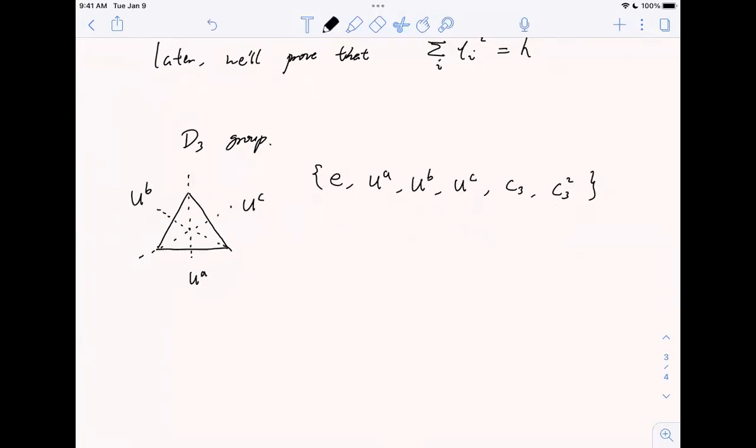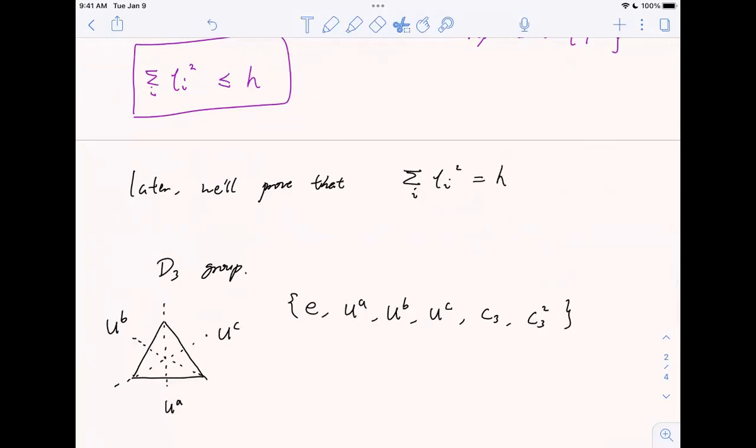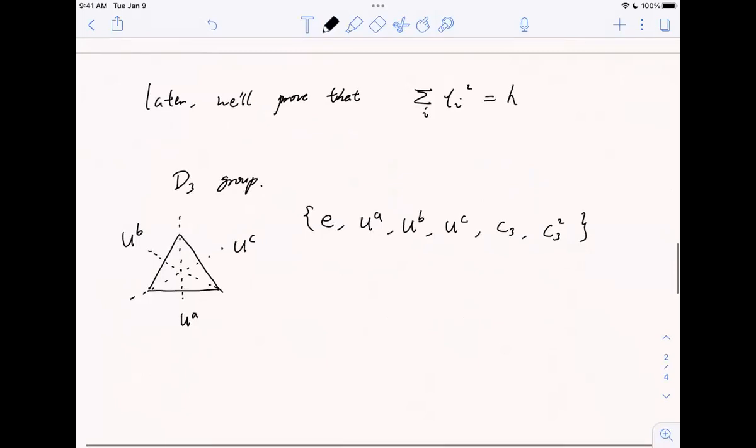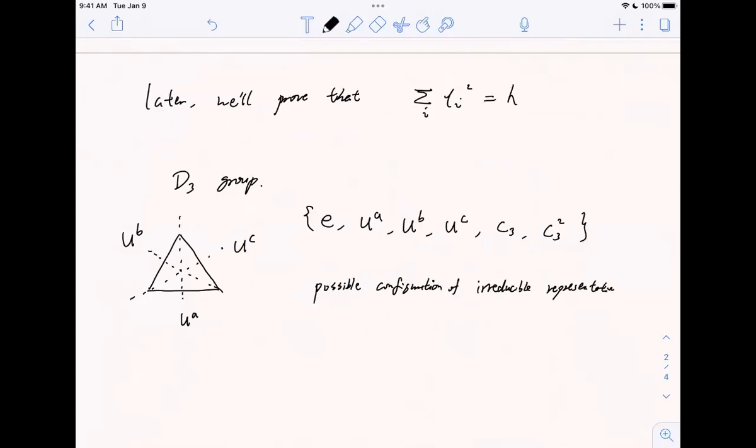Suppose there are some possibilities. Let's consider the possible configurations of irreducible representations, given this restriction.